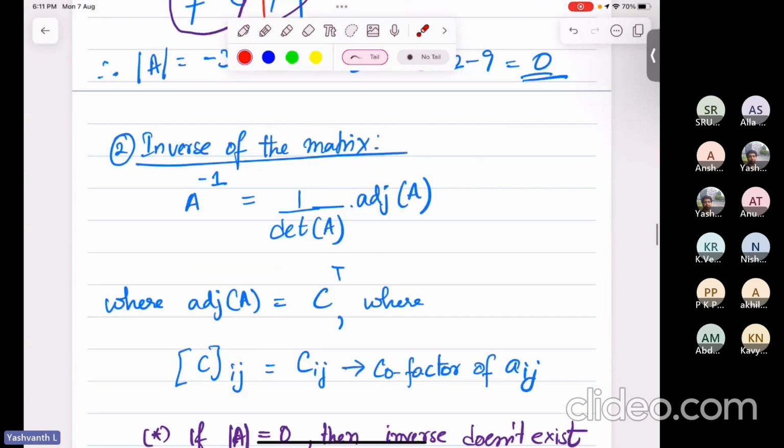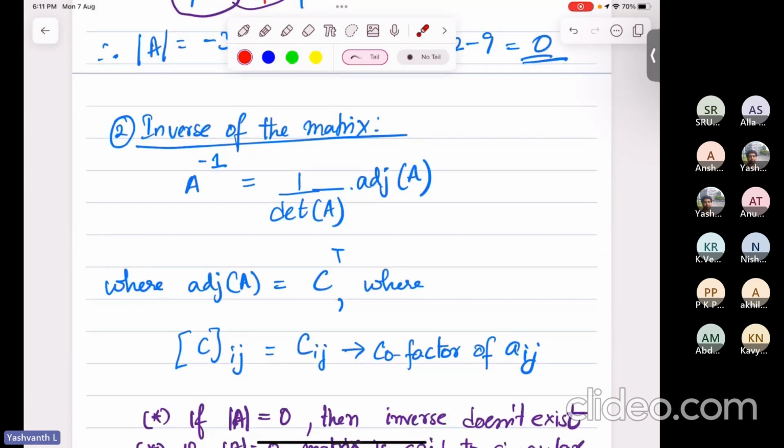Now, the second concept alluded to by the professor was the inverse of the matrix.